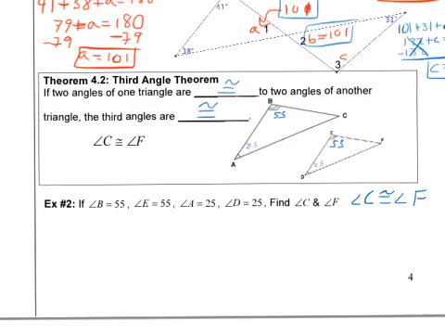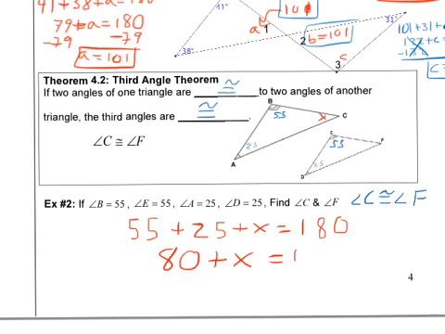Now that we know that they're congruent, let's solve for C or for F, and we'll really be solving for both of them. I have 55 in one triangle, another 25, and then we could just call it X, plus X equals 180. Well, 55 plus 25 adds up to 80.